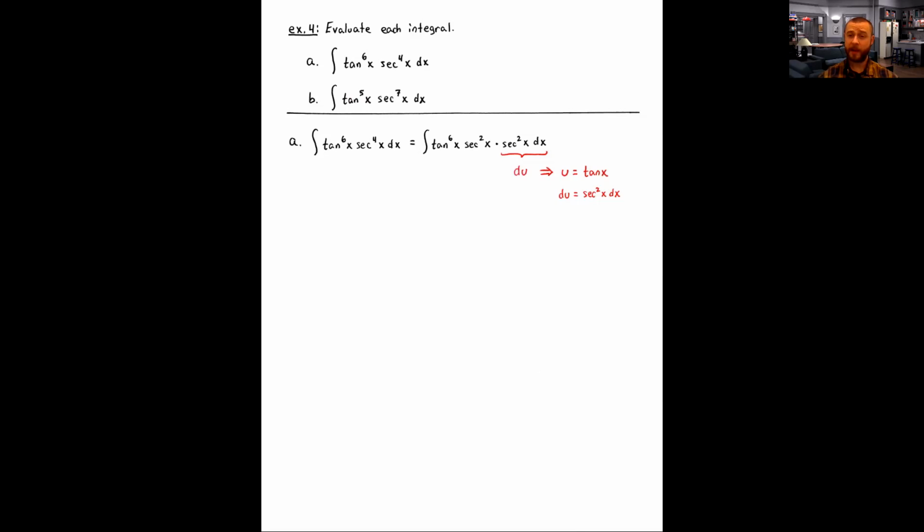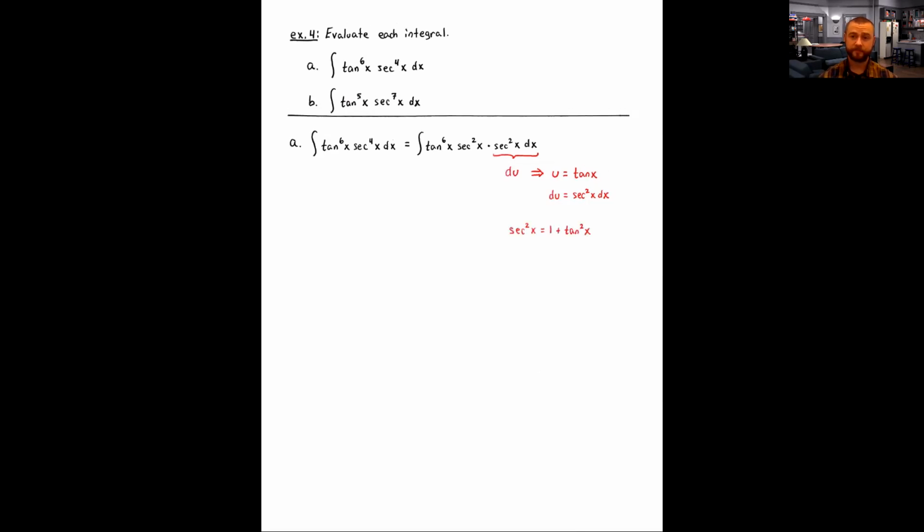All right, so now we see what our substitution is. We have tangent to the sixth, which we can rewrite as u to the sixth with this substitution. We have to rewrite secant squared in terms of tangent, and that's where your Pythagorean identity comes in. The version we're going to use is 1 plus tangent squared equals secant squared.